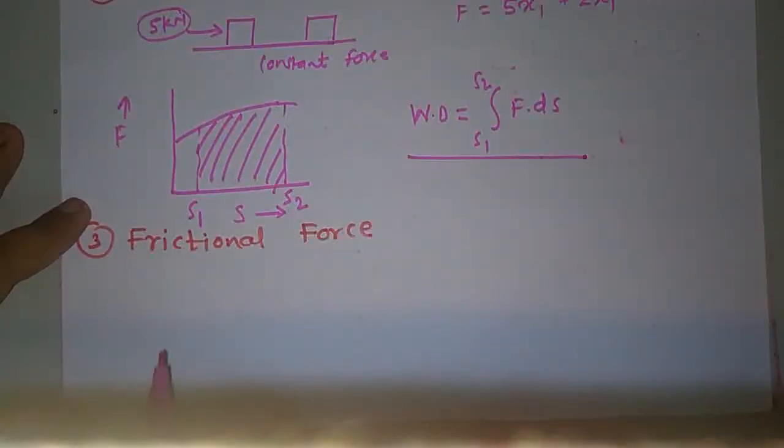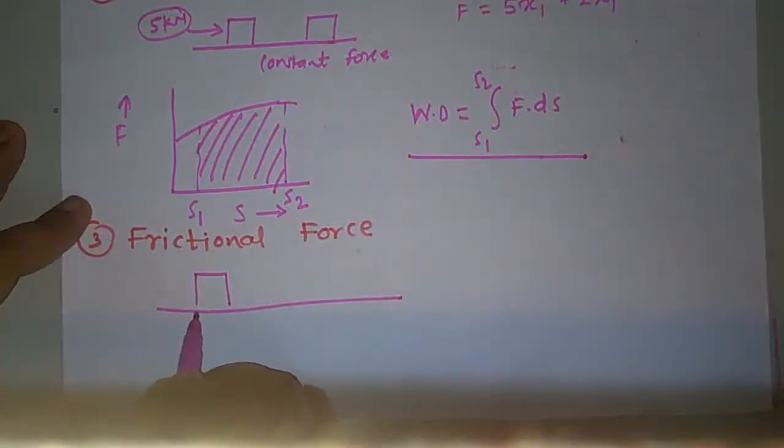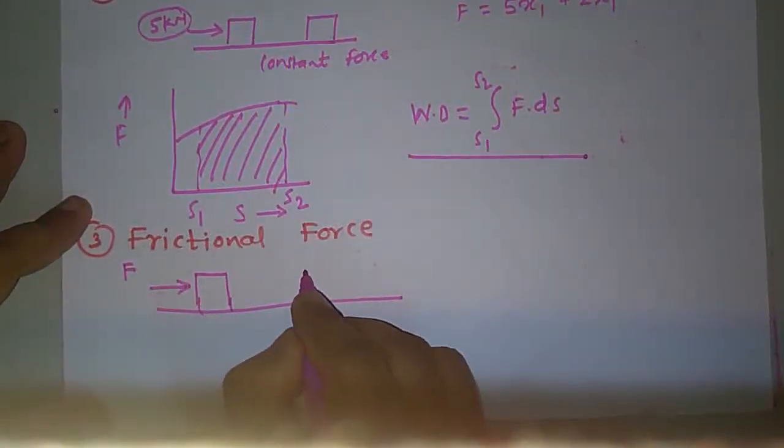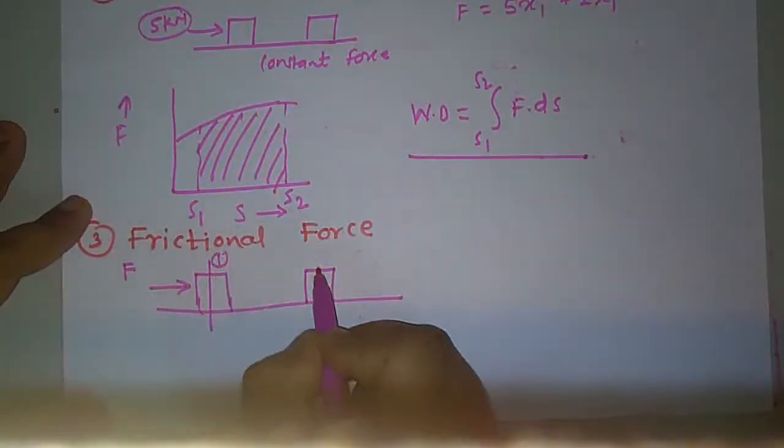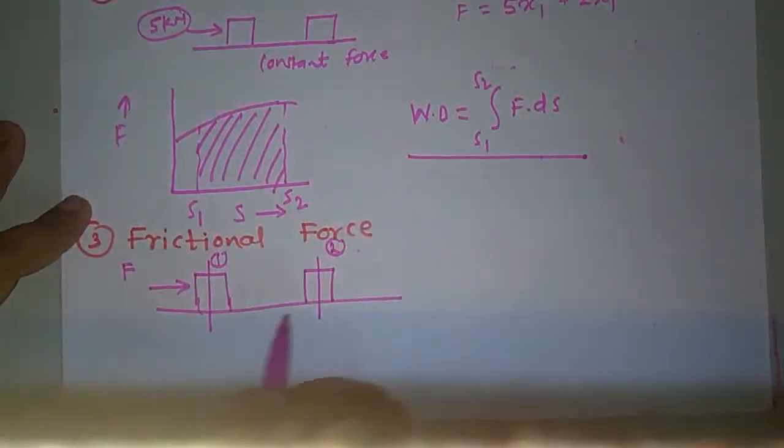Now the third case is work done by the frictional force. Again we will take the same example. A block is resting on a horizontal surface and we are applying a force here. Due to this force, this block gets displaced from position 1 to position 2. This is the displacement.